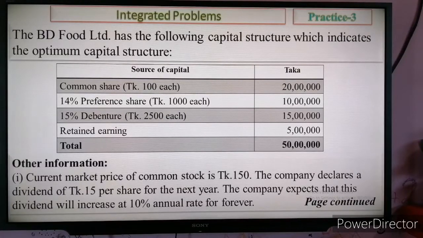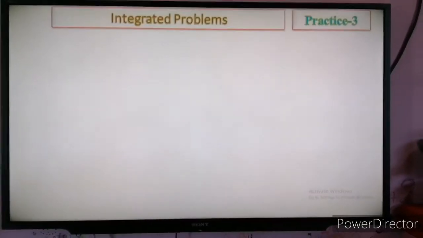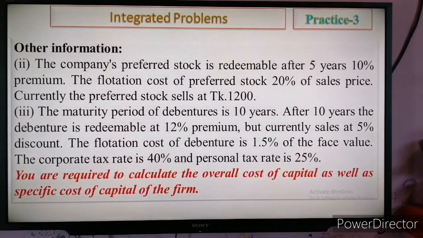Other information: the current market price of the common stock is 150. The company declares a dividend of taka 15 per share for the next year. The company expects that the dividend will grow at a 10% annual rate forever. Number 2, the company's preferred stock is redeemable after 5 years at a 10% premium. The flotation cost of preferred stock is 20% of the sales price.